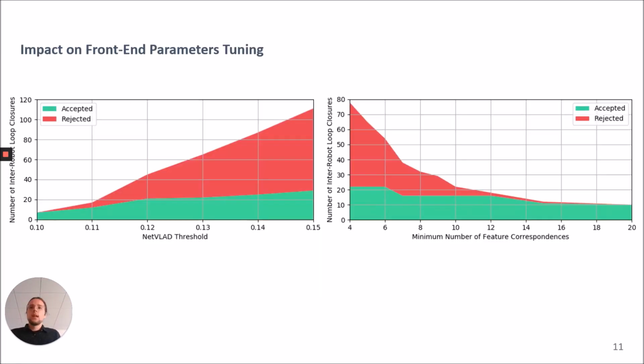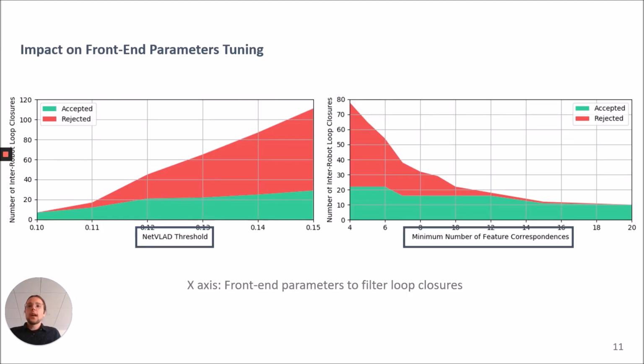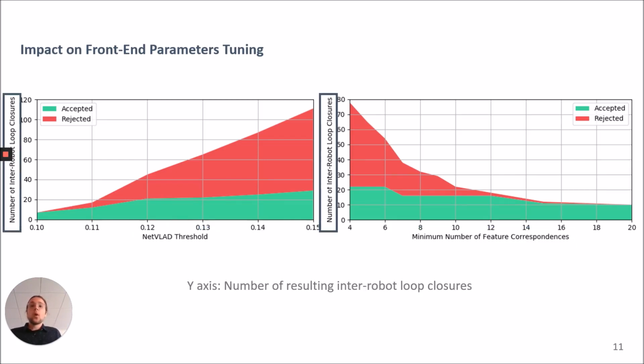In our next set of experiments, we look at the effect of parameter tuning in the front end. On the x-axis, we look at two parameters that are usually fine-tuned to avoid the production of outliers. Then, on the y-axis, we look at the number of inter-robot loop closures that our system accepts in green and the number of measurements that it rejects in red.